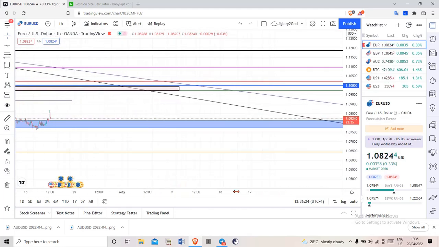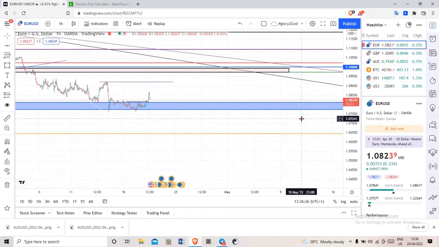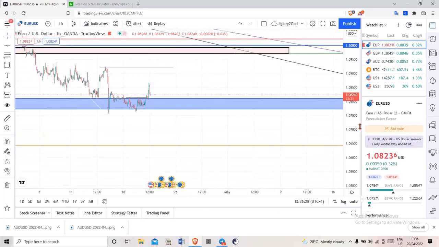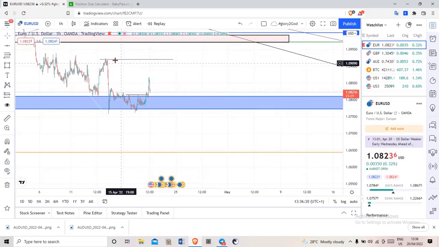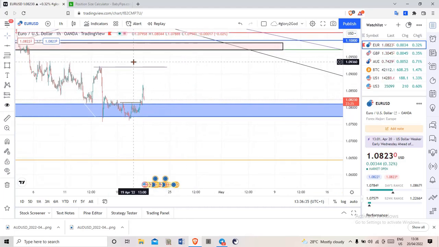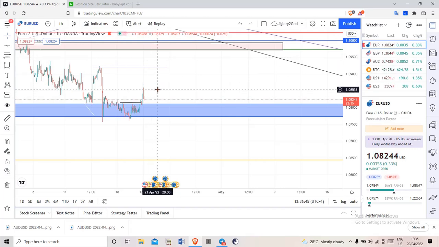Now, if there's something here, if this price breaks this zone, breaks it immediately, and maybe stops somewhere here before retracing down and then eventually coming back to this point.